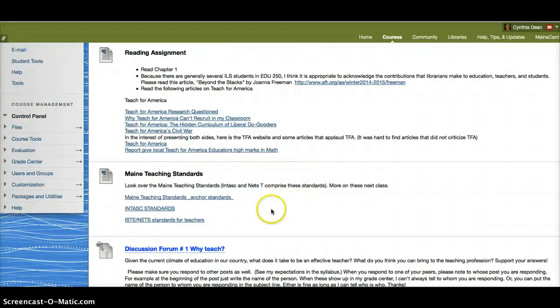And then the main teaching standards here, again, you're going to be looking at the anchor standards, and then you're going to open these up and take a look at them. You don't have to read every single word. We're going to talk more about this in the next class, but I would like you to pay attention to those. And then your discussion forum, why teach, okay?